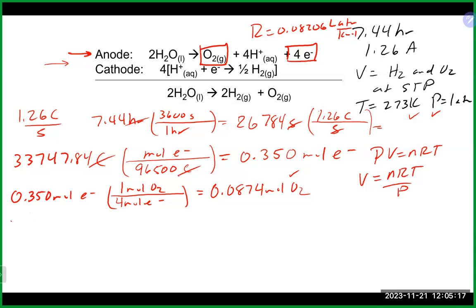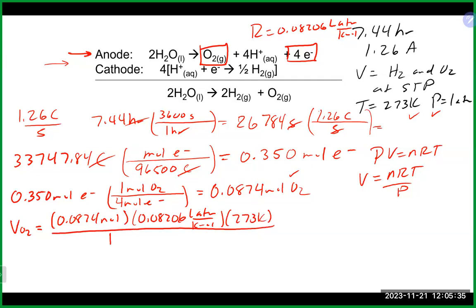And in this case, the volume of oxygen would be our 0.0874 moles, our 0.08206, which is our gas constant, our 273, which is what STP stands for, and our 1 atmosphere, which is what STP stands for. And doing all that good stuff there, going to get us about 1.96 liters of O2 was collected. Any questions up to that point?